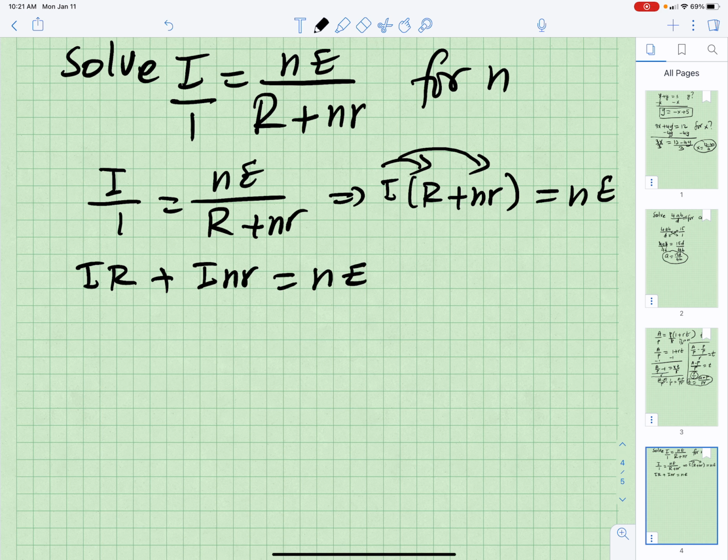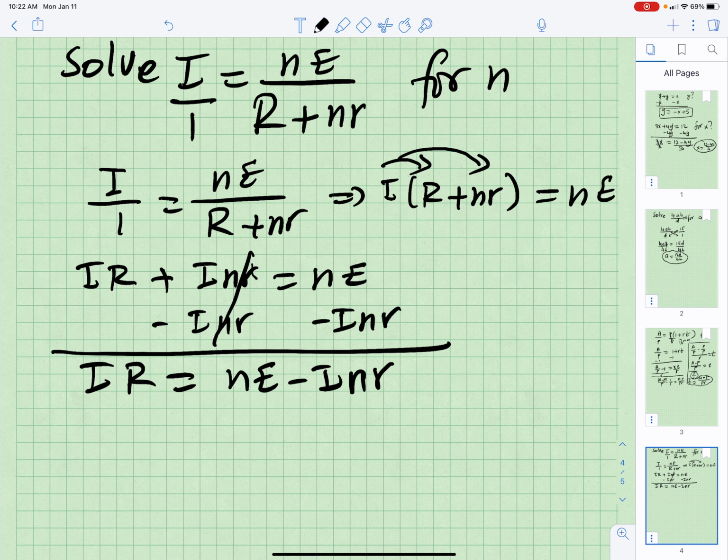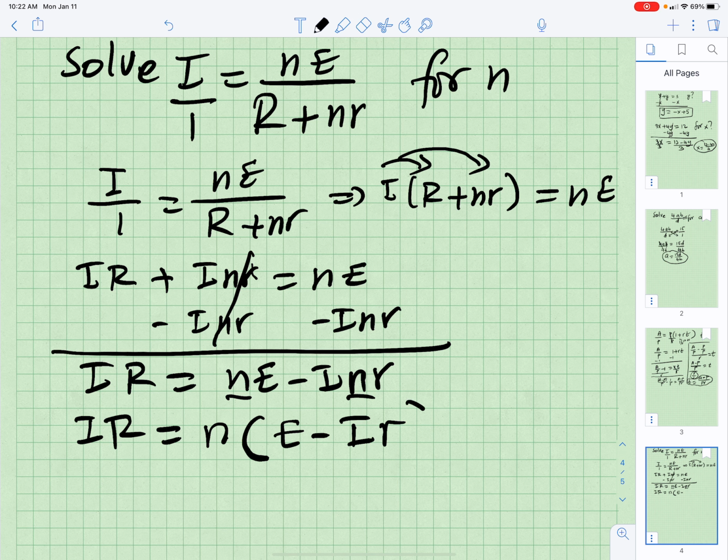Because I'm solving for N, I need to move INR to the right. So we can do minus INR, and IR equals NE minus INR, right? So we have N here, another N here. So we can factor out, right? Because they both have N in common. So we can say IR equals N parentheses E minus IR, right?